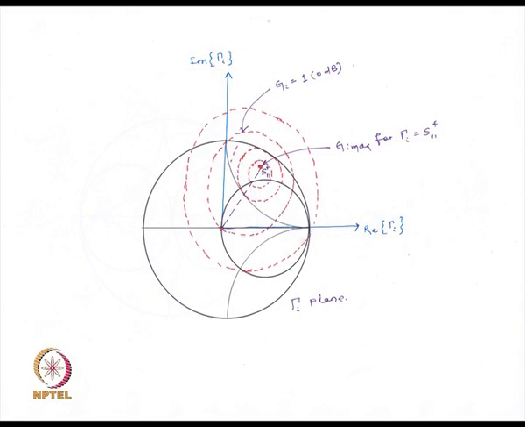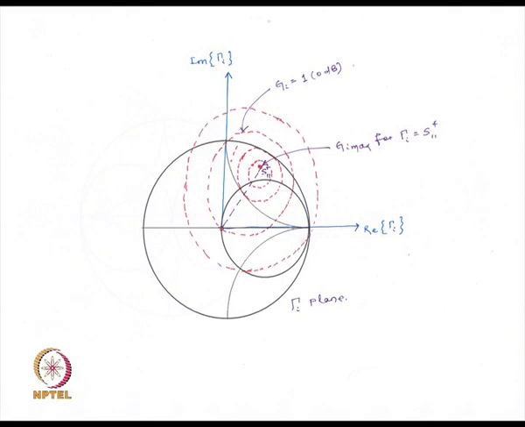These red circles are the gain circles or the locus of gamma I for a particular value of capital Gi, and this blue circle is the Smith chart. The other thing to note, as I had said, is that the line joining the origin of the Smith chart to this Sii conjugate, the center of all these red circles will lie along this line.